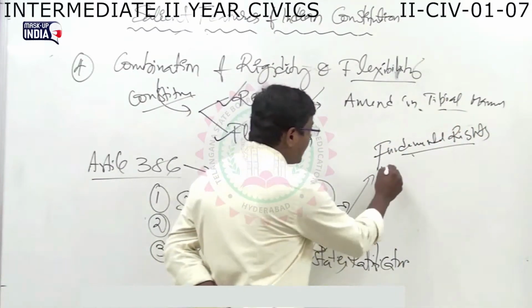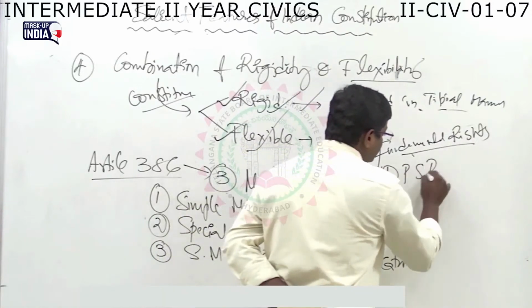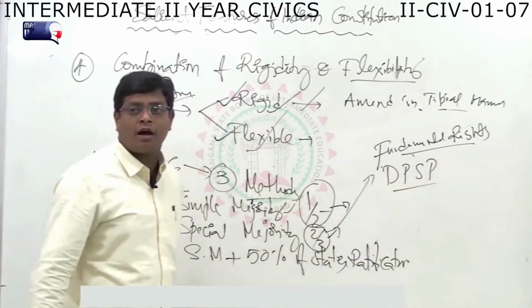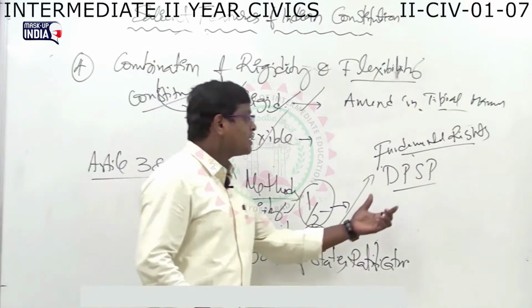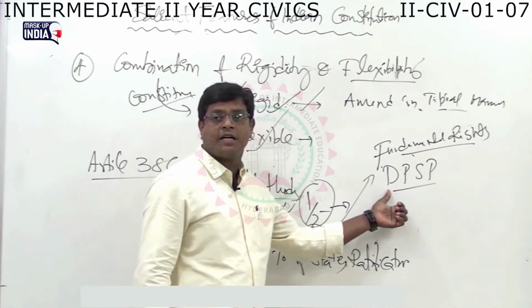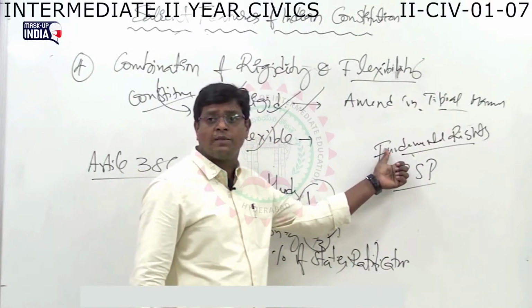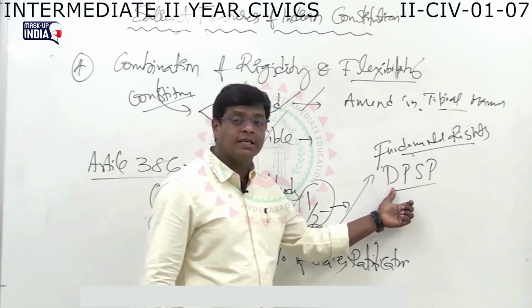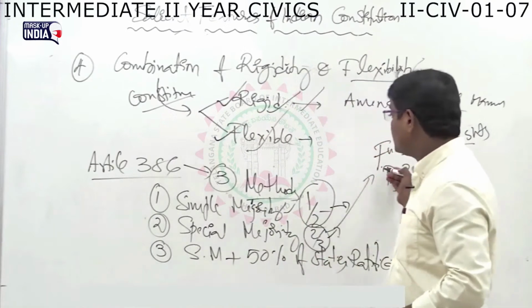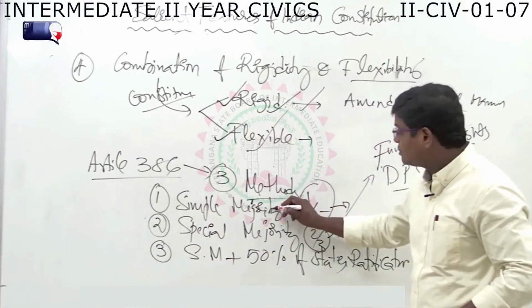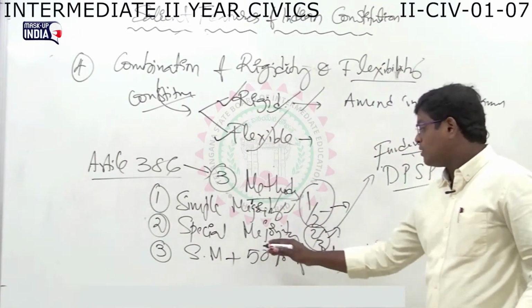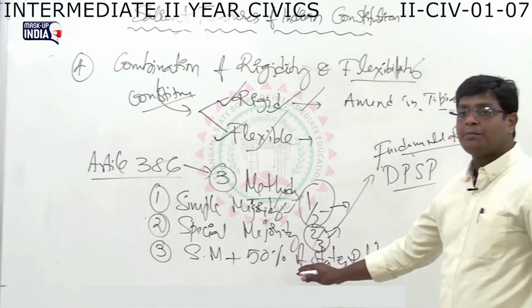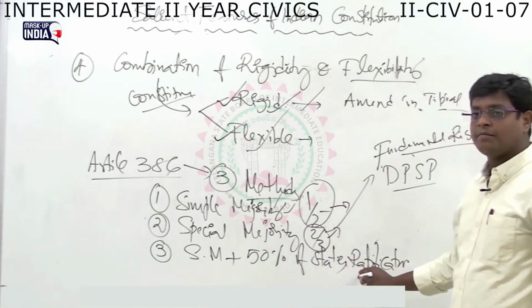At the same time, Directive Principles of State Policy also require 2/3 majority. And the remaining provisions which do not come under simple majority and special majority with 50% states ratification.